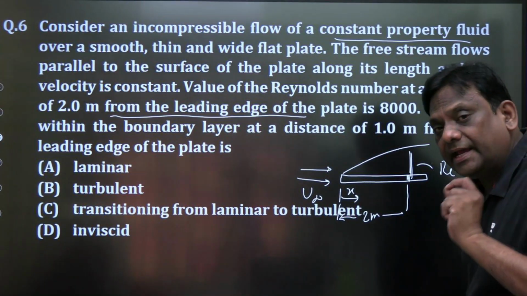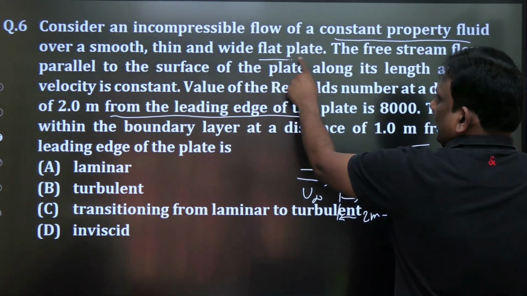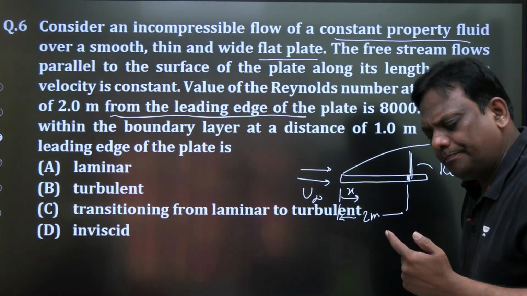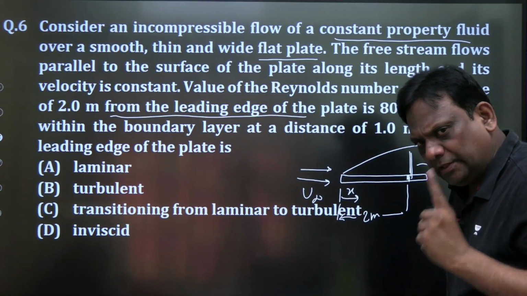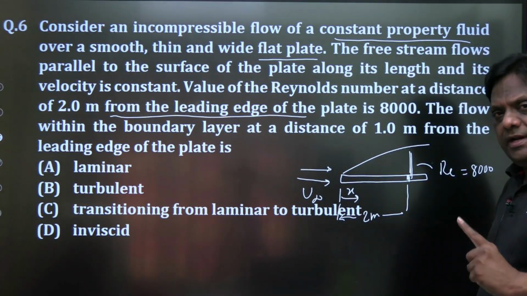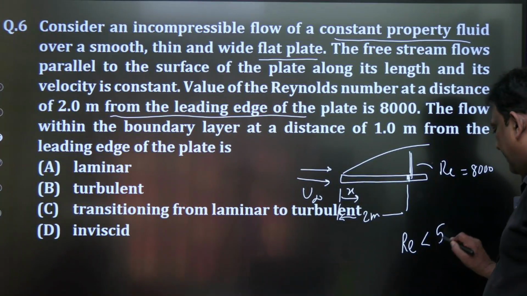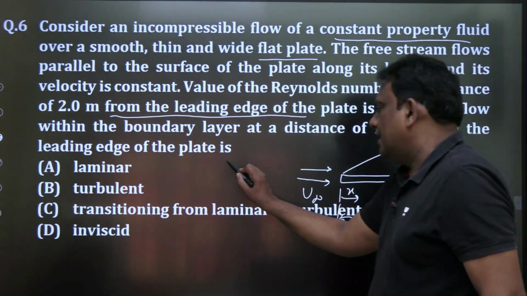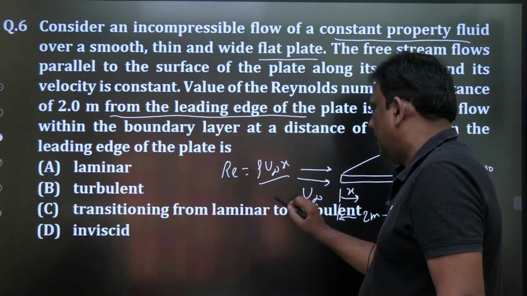This is an external flow. Observe carefully: the fluid is flowing over a flat plate. For external flows over a flat plate, we know that for a laminar boundary layer, the Reynolds number must be less than 5 into 10 power 5. The Reynolds number is also given by rho u infinity x by mu.